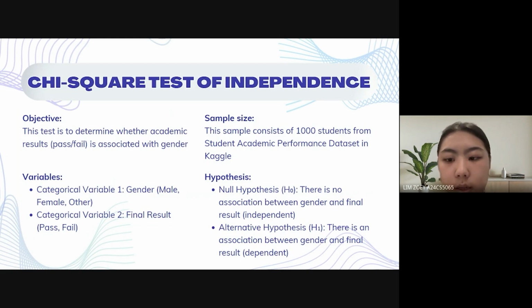This sample consists of 1,000 students from the student academic performance dataset. The null hypothesis is that there is no association between gender and final result, which is independent, and the alternative hypothesis is that there is an association between gender and final result, which is dependent.